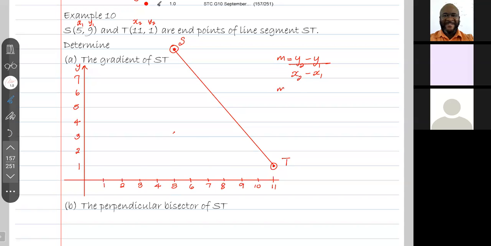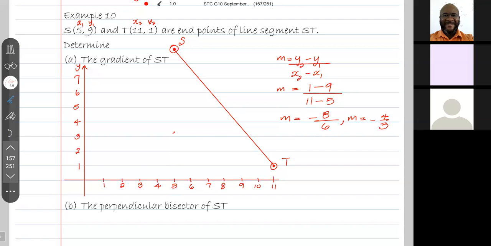So m is equal to y2, which is 1, minus y1, which is 9, over x2, which is 11, minus x1, which is 5. So m, the gradient, is minus 8 over 6, which reduces to minus 4 over 3. So the gradient of this line is minus 4 over 3.